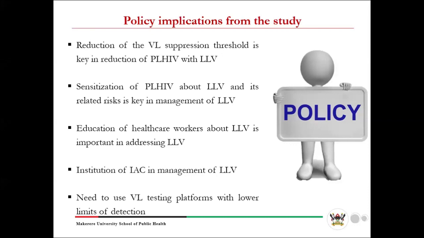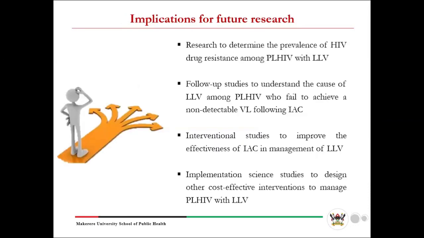So we need to review the viral testing platforms and encourage our colleagues in industry to try and improve the platforms so that they can have lower limits of detection. 20, 50 copies per mil, that would be good. And then implications for further research.